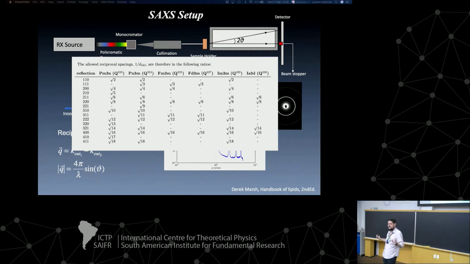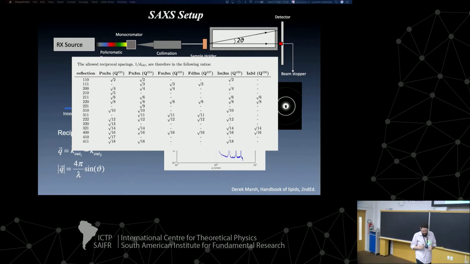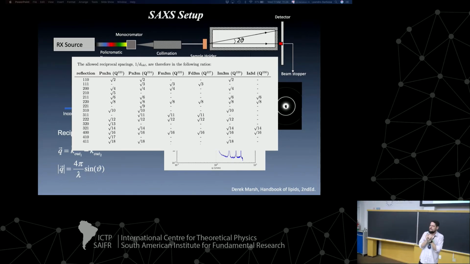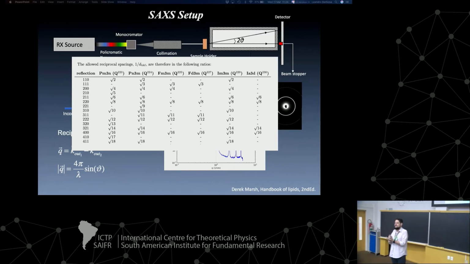And it was amazing because we are in the beginning of the 20s, the end of the 10s, and we are able now to measure the distance between atoms using X-ray experiments with very high precision, because we have very sharp peaks in very specific positions.